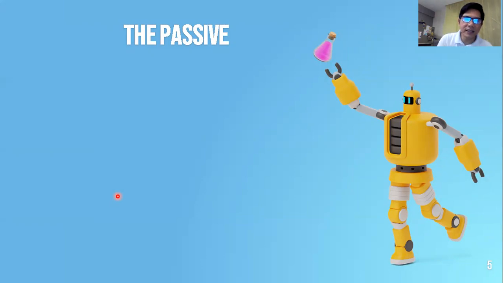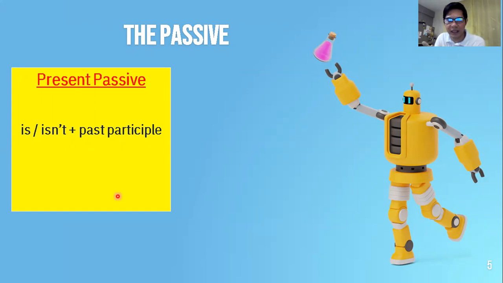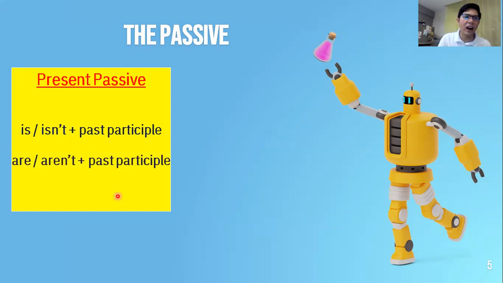Now, the passive is of 2 kinds. First, present passive. In writing present passive sentences, we use is and isn't plus the past participle form of the verb, meaning is and isn't plus the verb 3, or are and aren't plus past participle form of the verb.